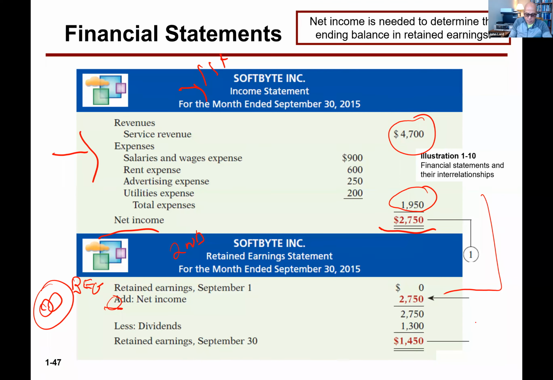And then I pull the stopper out of the back of the piggy bank, and I take out that 1,300, it's coming out. Okay, and so I subtract my dividend. And then I have the ending balance in my retained earnings, which is 1,450.